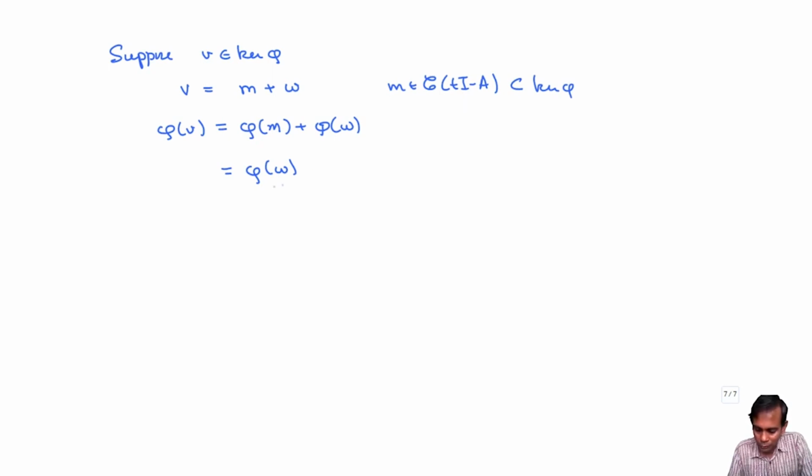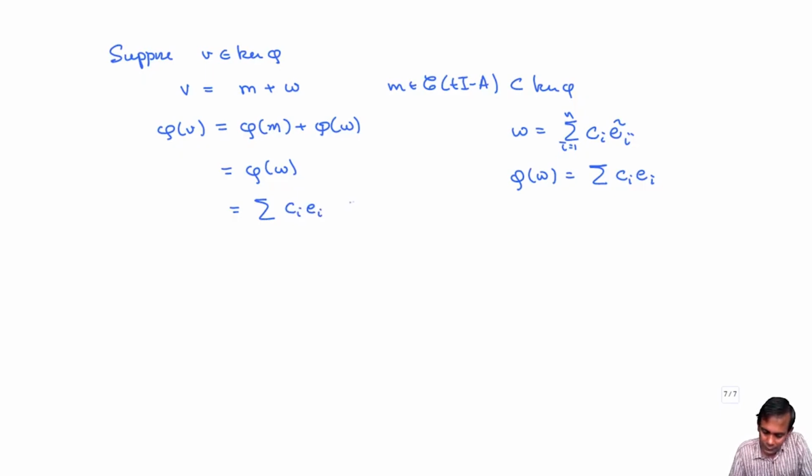But so phi of w, if w is of the form summation c_i e_i tilde, i goes from 1 to n, then e_i tilde goes to e_i, so phi of w is just summation c_i e_i.